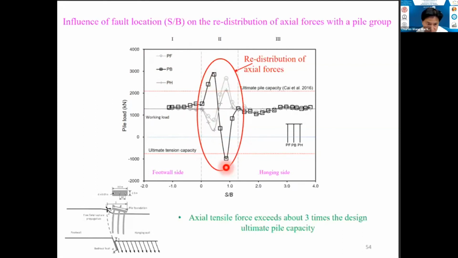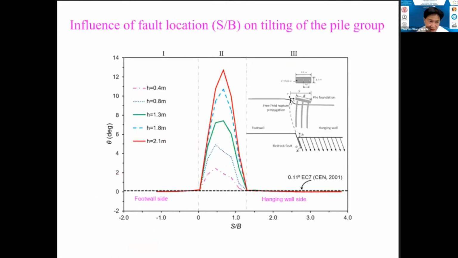So this is very important for the designer to think about how to take care of this tension, or even additional compression loading, if the pile group is located within zone 2. And for zone 3, there's not much change. There's no redistribution of axial forces. And again, for the tilting theta, the same thing. Only zone 2 is affected.